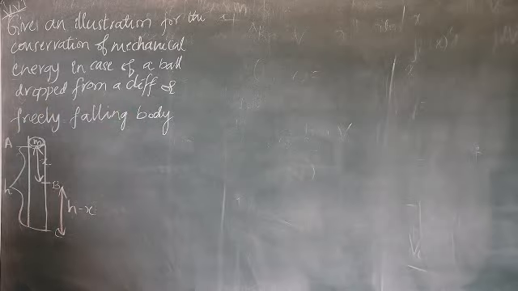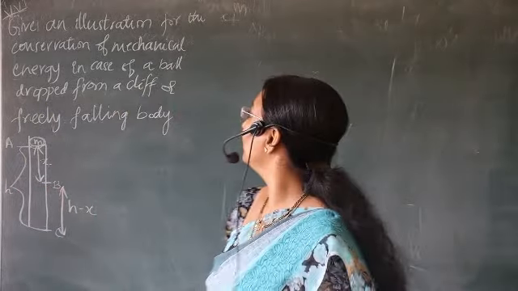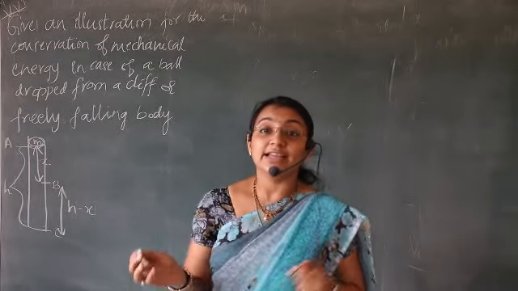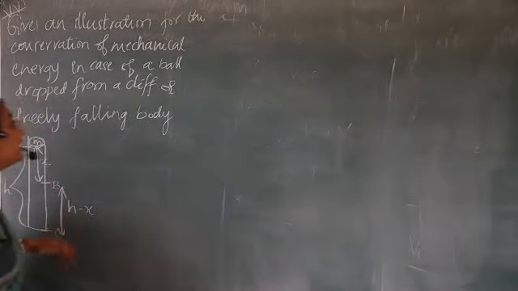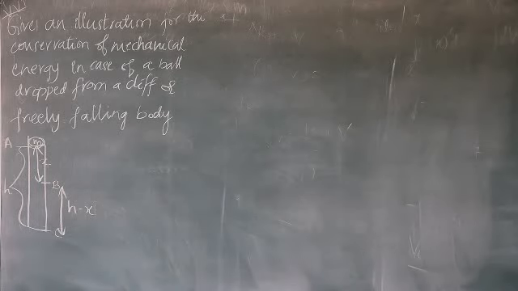So, we have stopped after just starting the derivation, that is, giving an illustration for the conservation of mechanical energy in case of a freely falling body, or a ball dropped from a cliff. Let us consider a body of mass m.